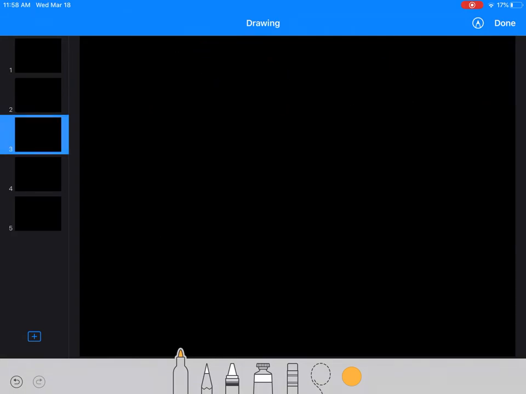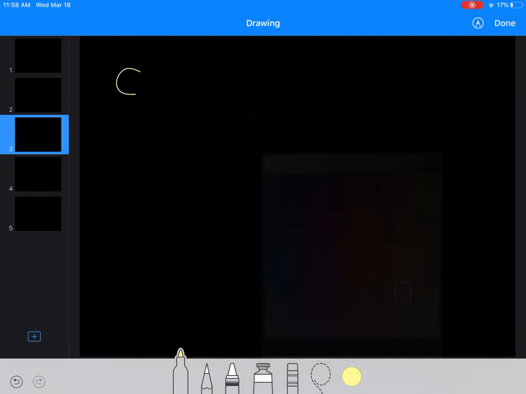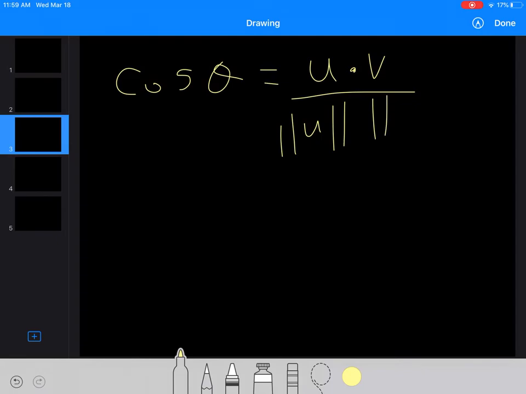Okay. So it's the same formula we used before. So it's cosine theta is equal to the dot product over the magnitude of each individual vector multiplied by each other.